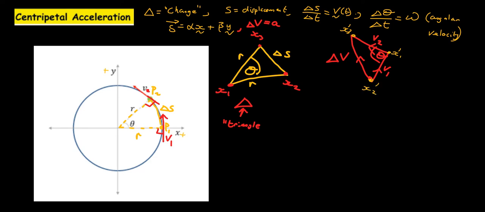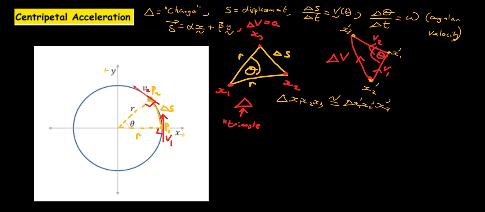So we can write triangle x1, x2, x3 is similar to triangle x1 dash, x2 dash, and x3 dash.